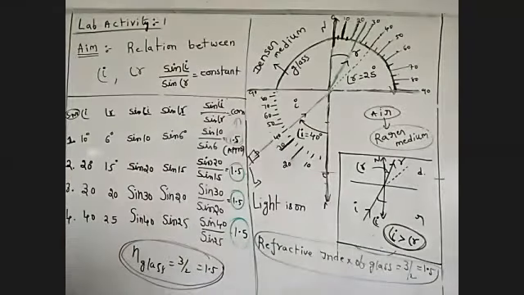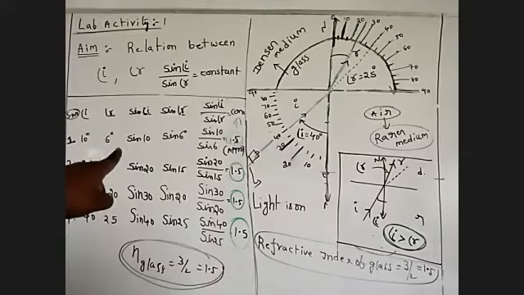In the first case, angle of I is equal to 10 degrees, but angle of R is 6 degrees.